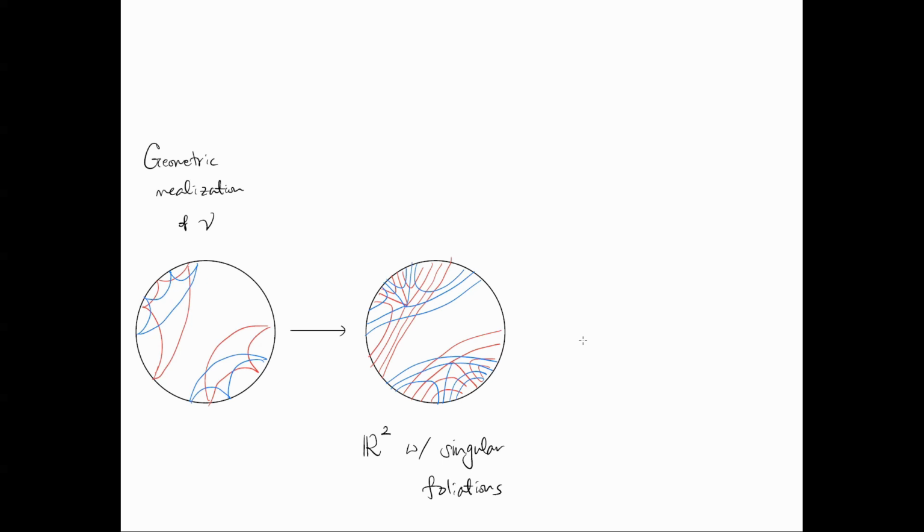Actually, there are two ways to go from here. But the one way we did in the work with Hongtaek and Kyungno is first remove the singularities, so you get a plane with many punctures, but now transverse regular foliations, and you go to the universal cover. The universal cover is going to be R2 with the transverse regular foliations in this case.